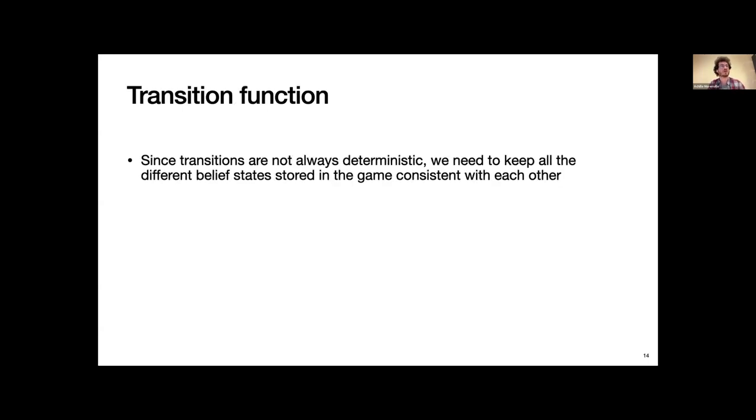And the last one is the transition function. Transitions are not always deterministic, due to, for example, randomness in the rules, when you have to throw a dice or shuffle a deck, or also because there is uncertainty about the state of the game.